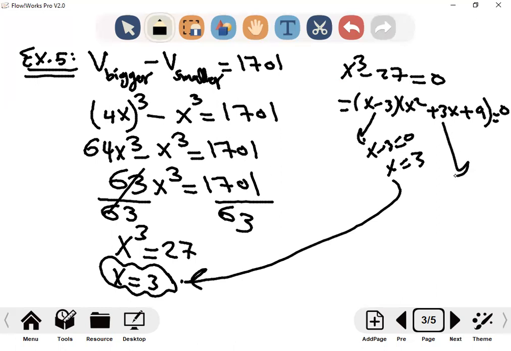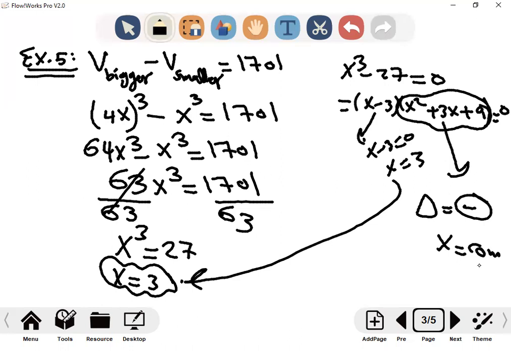And they take the other factor. It's quadratic, so we can use the discriminant, delta. It's negative. And if delta is negative, then we have complex solutions, right? So no need for the solutions of this equation. Why? Because x here is complex; it has i. The dimension should be real or imaginary?